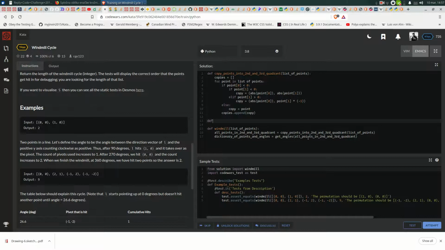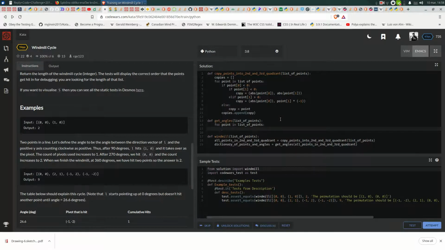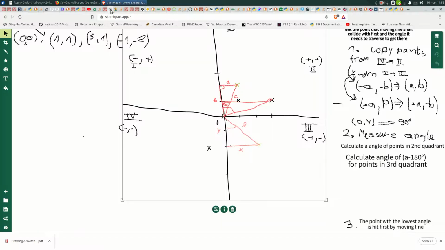So we do that, define get angles, say list of points, and over here immediately we do that for point in list of points, of course.